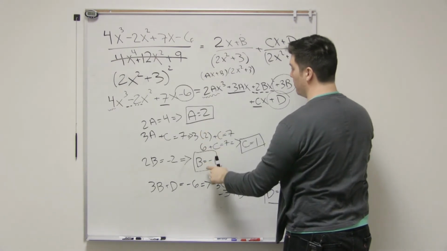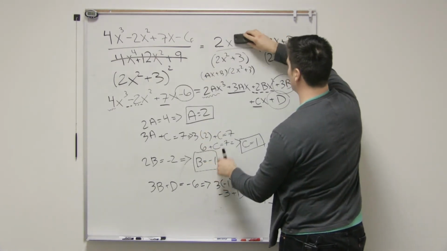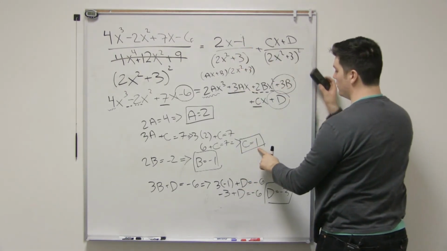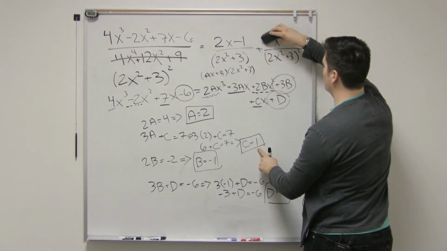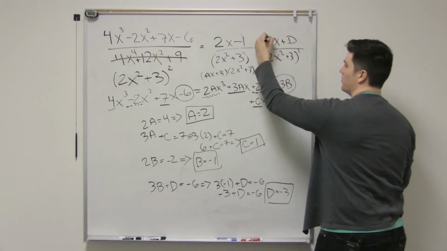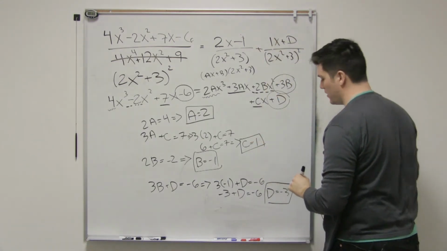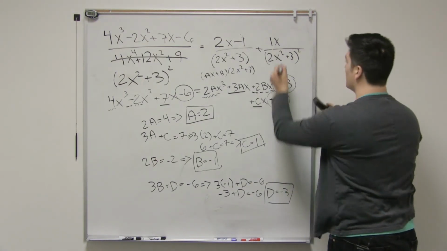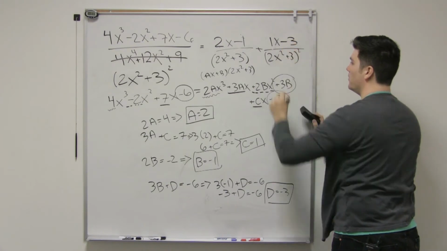We want to replace b with -1, so we could just write -1. c is a positive 1. So if we erase c and don't put anything, it's just like a 1x, but I'll go ahead and write it there, 1x. And d was negative 3. So this is going to be negative 3.